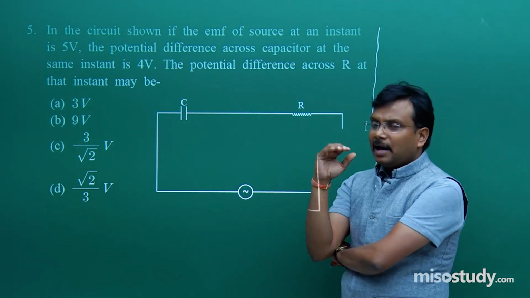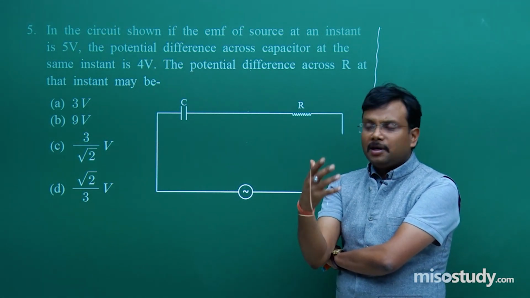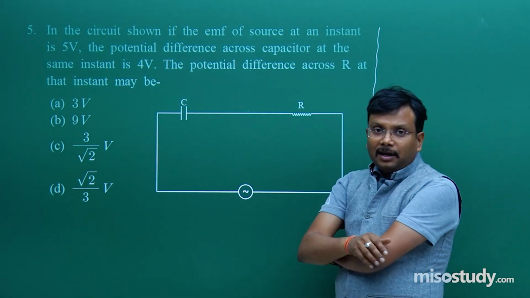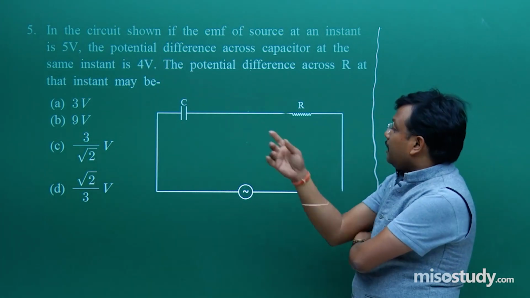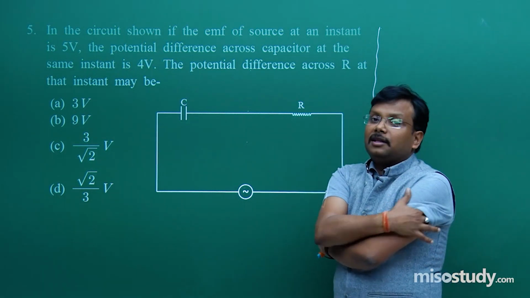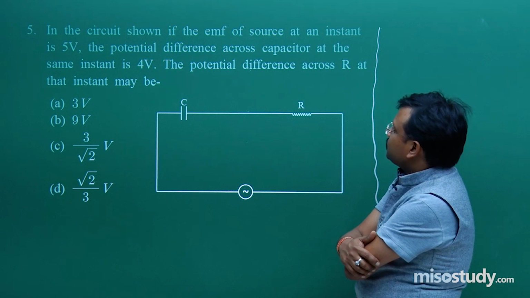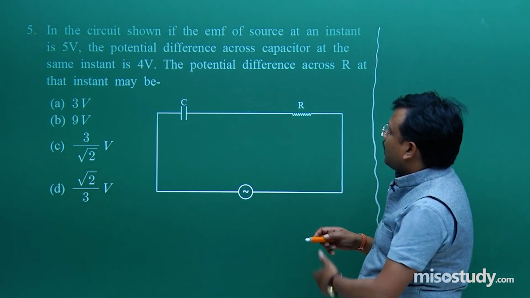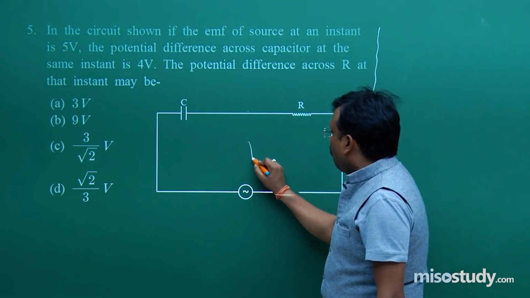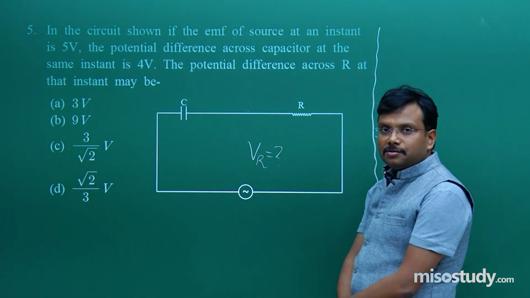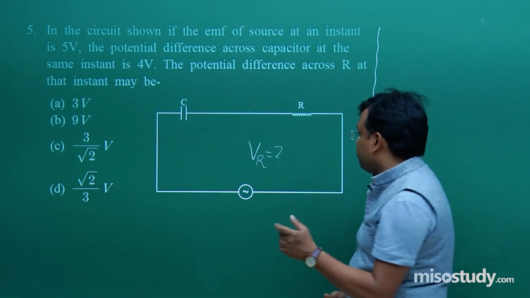Is there any type of phase difference between voltage and current? No. But with only capacitor, phase difference is there, and then if resistor is connected, then some phase difference is possible. So this way the potential difference across R at that instant will be VR is equal to this much. That is our target that we have to find out.